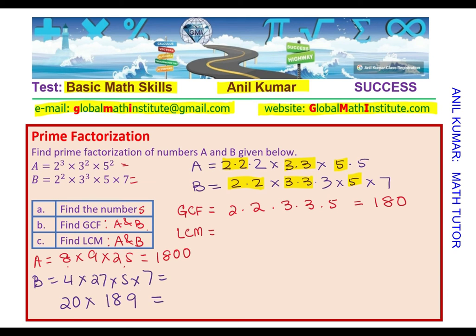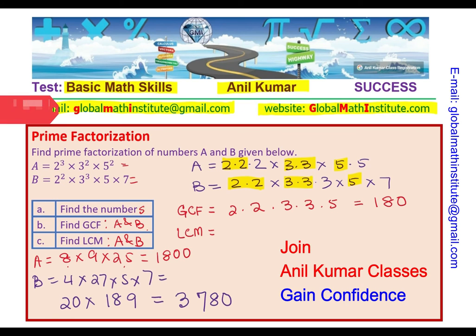Then put a 0 first. 2 times 9 is 18, 8 and 1. 2 times 8 is 16 and 1, 17. So you get 3780. Make sense? So that is B. So we have both the numbers with us. Numbers are very big, 1800 and 3780.